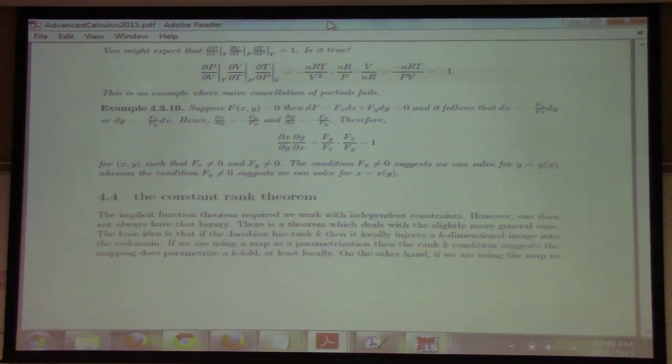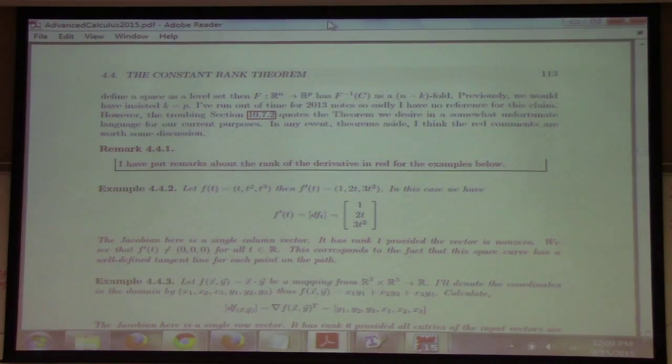Now, the constant rank theorem is something I claim, but I don't have formally stated in the notes. Basically, the idea is this: whatever the rank of the Jacobian is, for a mapping from say Rm to Rn, the rank of the Jacobian at that point gives you essentially the dimension of the image near the point.